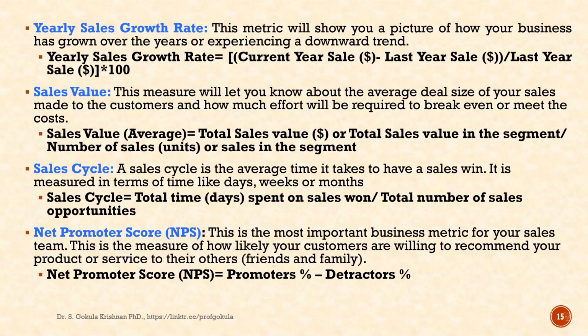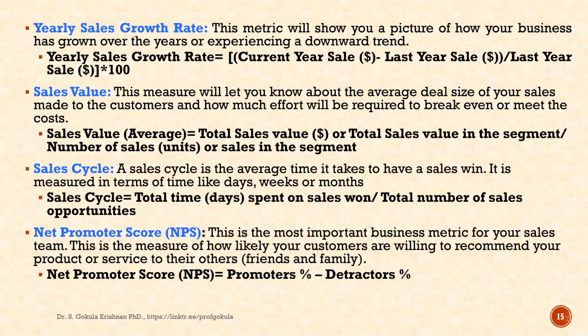In addition to that, there are a few other sales metrics. You can see yearly sales growth. This metric will show you a clear picture of how the business has grown over the years or is experiencing a downward trend. Yearly sales growth is current year sales minus last year sales, divided by last year sales.